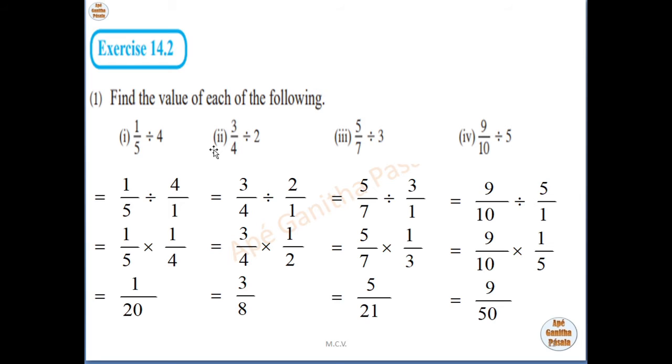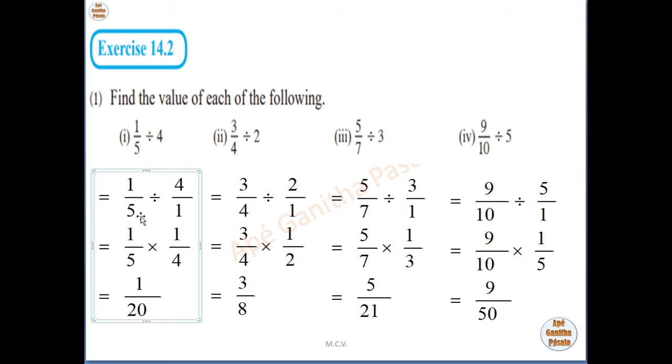When you convert a division into a multiplication, always get the reciprocal of the right hand side, not the left hand side. Remember that. Then 4 can be written as 4 over 1. In all whole numbers, the denominator is 1. So there's 1 in the denominator.